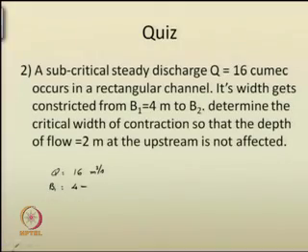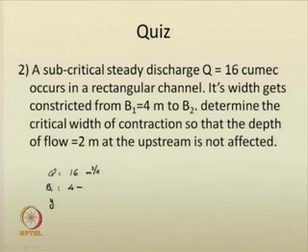B 1 is equal to 4 meter, it is given. The depth of flow at the upstream section is 2 meters. So, you have discharge per unit width q equal to Q by B 1, 16 by 4, so 4 meters squared per second, this particular quantity you have.